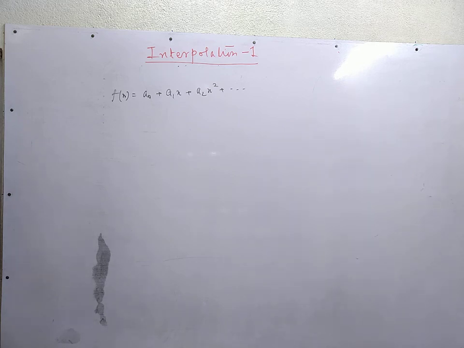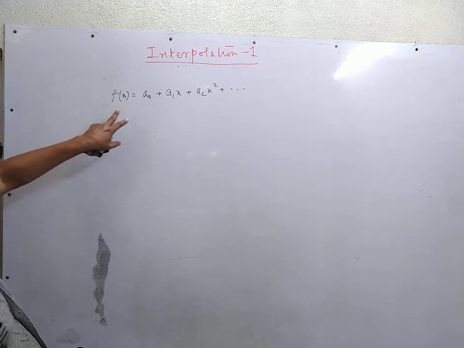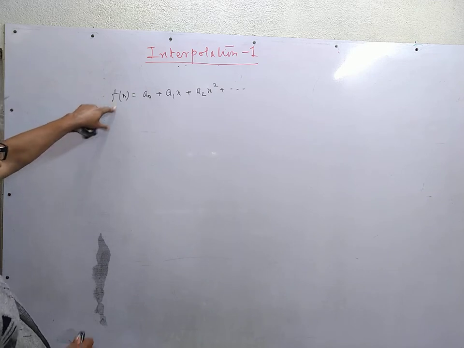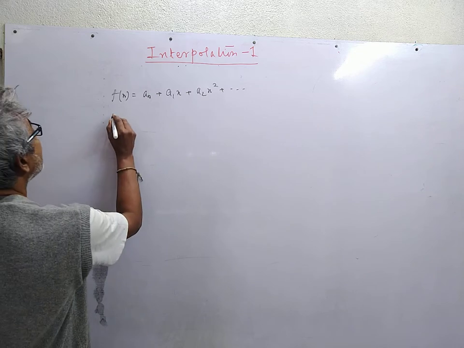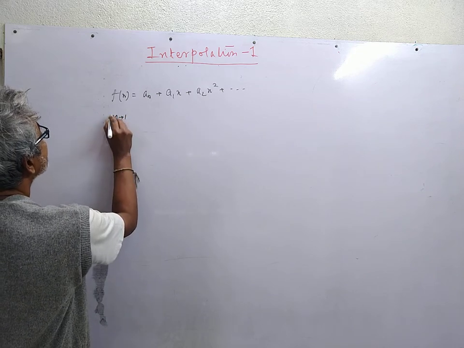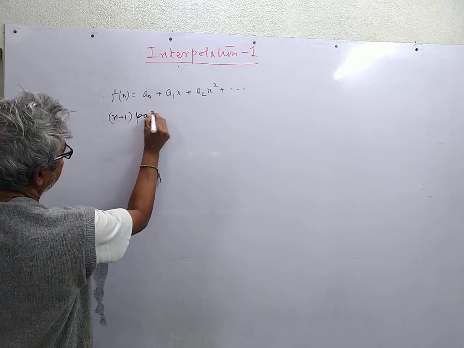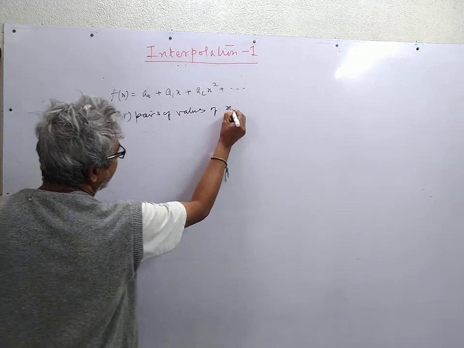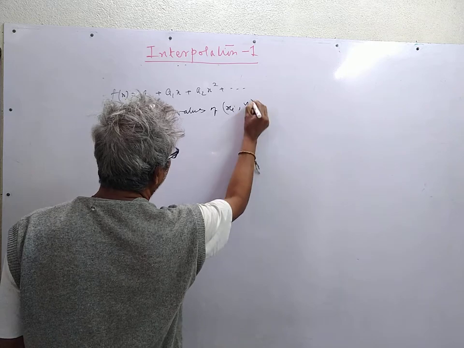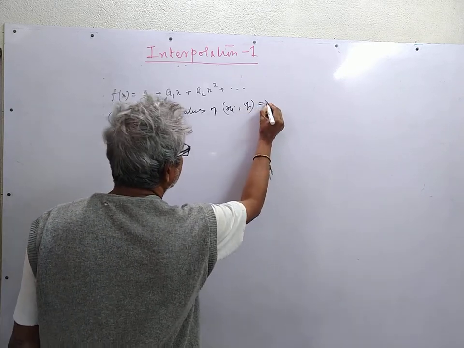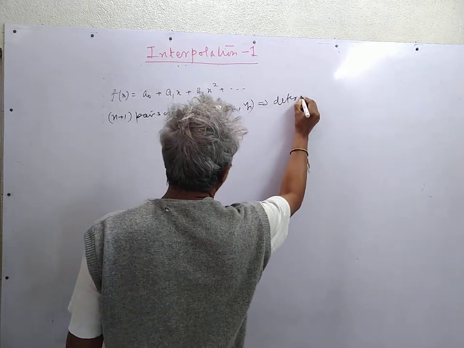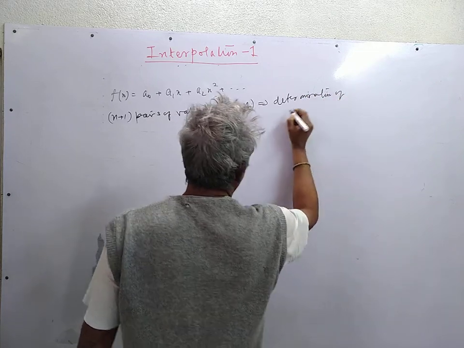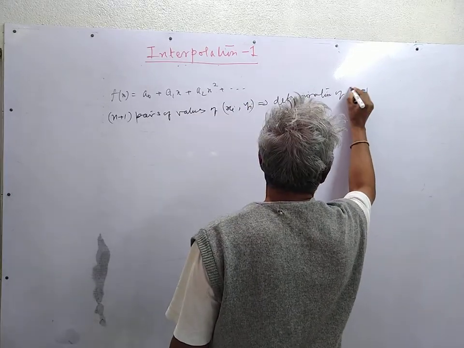know the function, if we have n plus 1 pairs of values of xi and corresponding yi, this enables determination of n plus 1 constants.